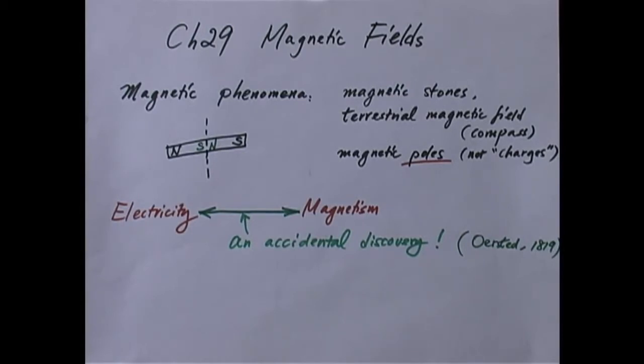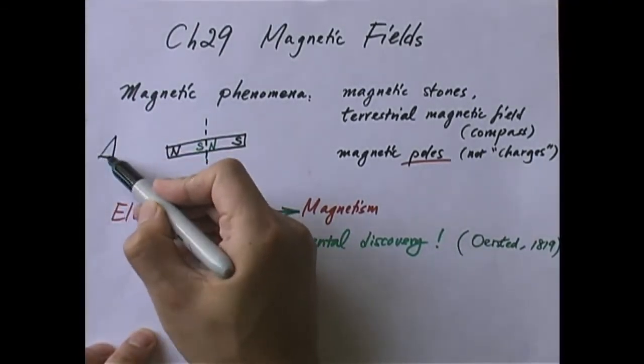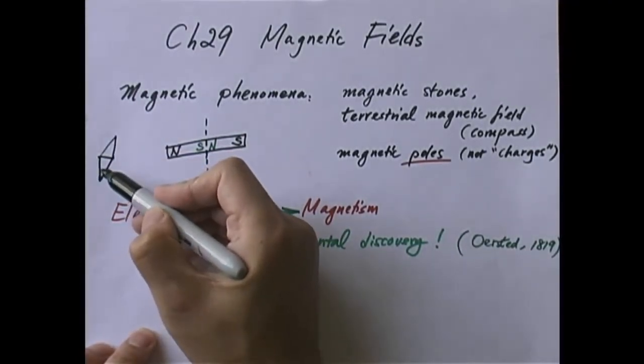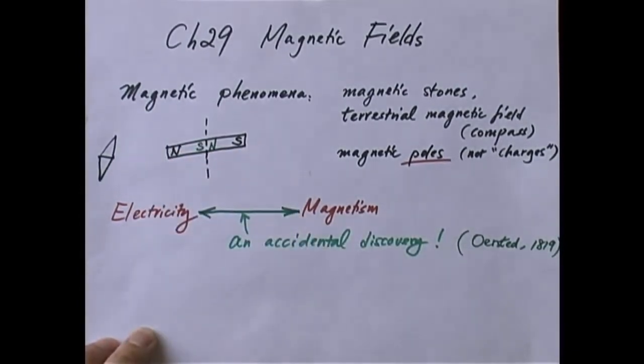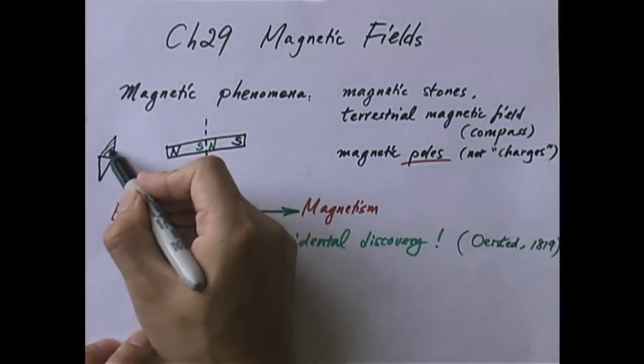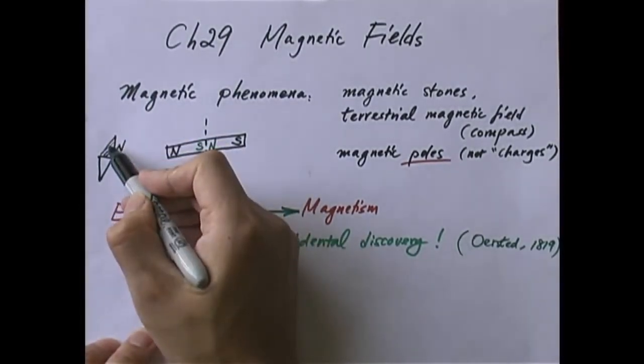And it is for this reason that we call the poles of a magnetic stone north and south poles. We don't call them plus or minus for this reason. As a matter of fact, if you have a compass and you let it turn freely, put it horizontally, then the north pole of this compass, which is this side, will point toward the geographical north.